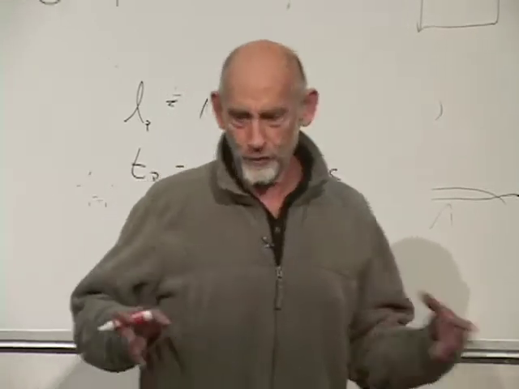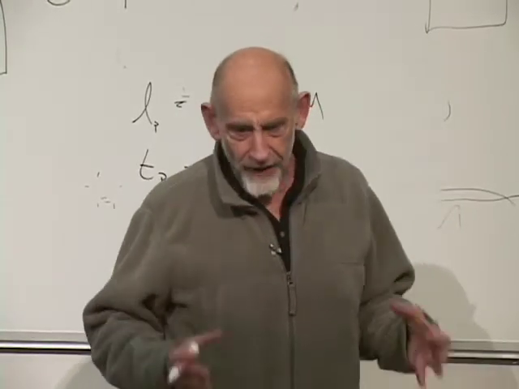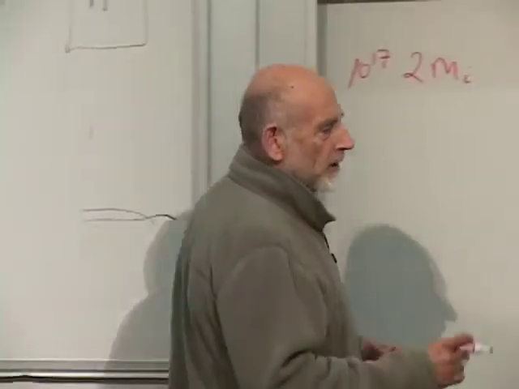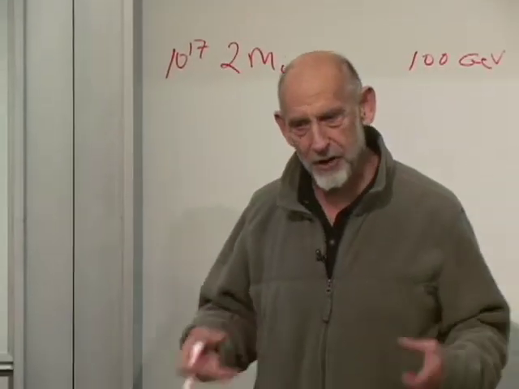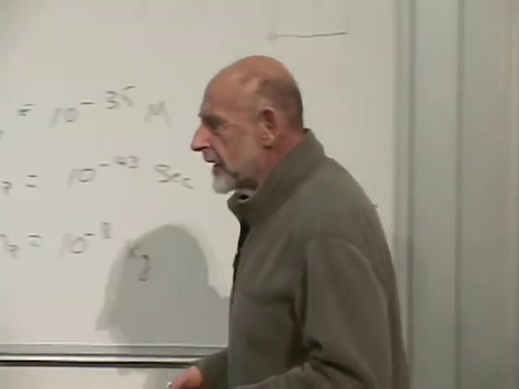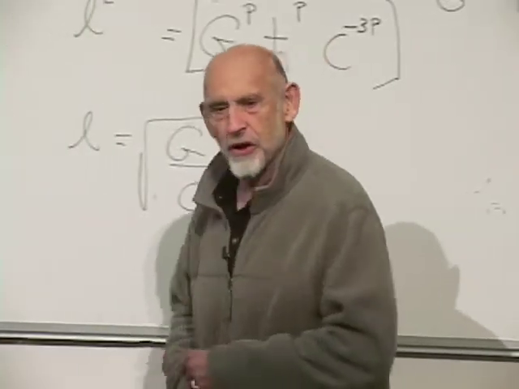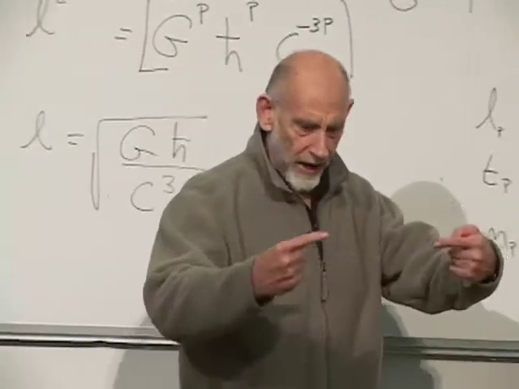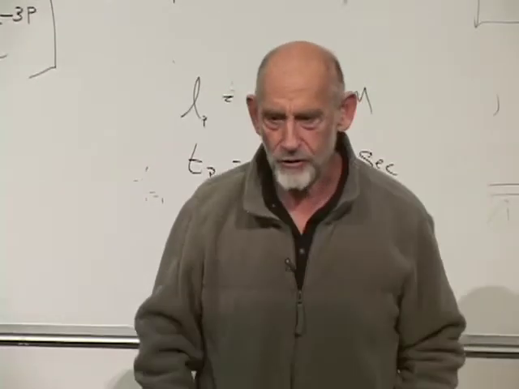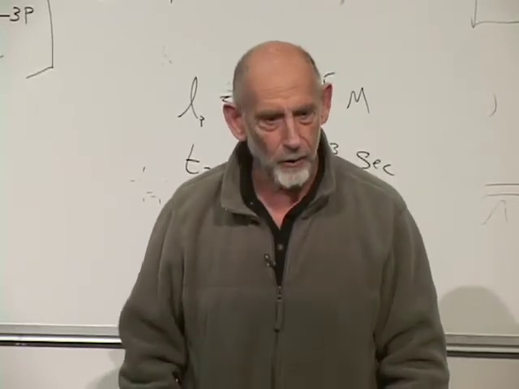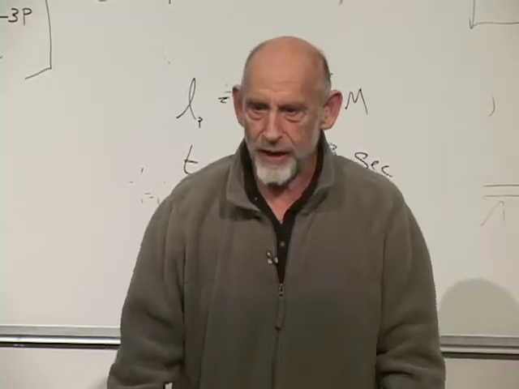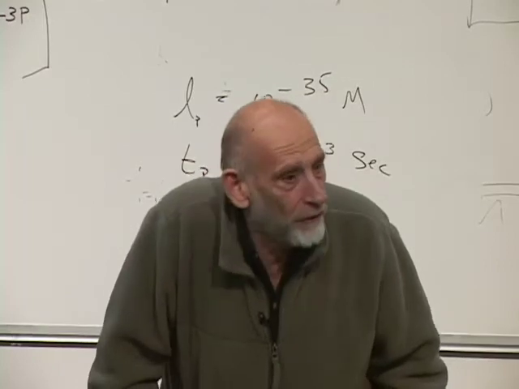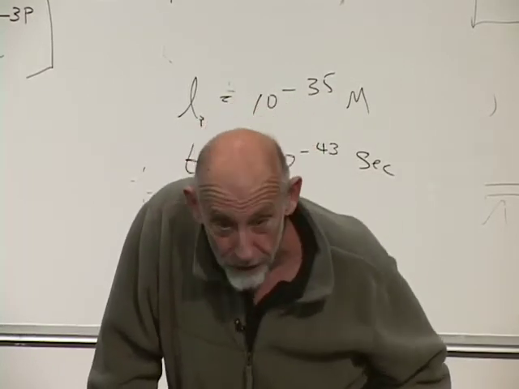Okay? But suppose you could build such an accelerator. Next question: what kind of luminosity do you have to have? What we want to do now is collide particles head-on to make a black hole. But remember, the radius of that black hole is itself the Planck radius.